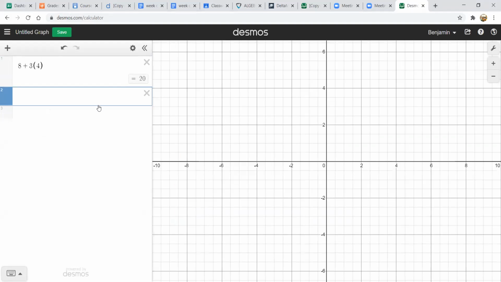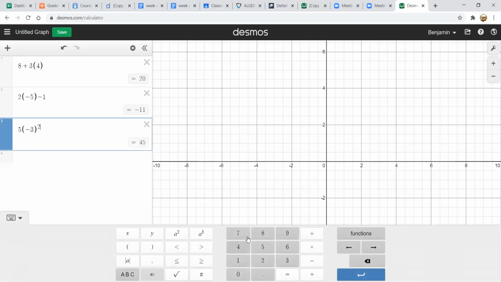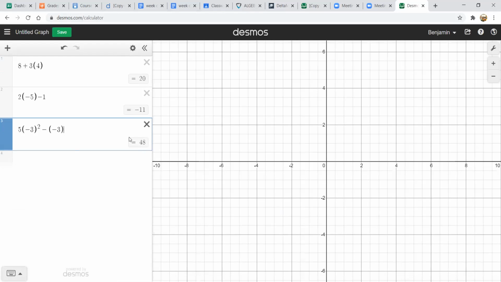The second one we just did, 2 parentheses negative 5 minus 1, negative 11. Then 5 parentheses negative 3 up to the second power. You can do shift and 6, like the caret button, or if you click this virtual keyboard, there's a square where you can do a custom power. Then just make sure you bring your cursor down, and then it would be minus parentheses negative 3, and you'd see that's 48. So if you don't have a nice calculator, this online Desmos calculator does the trick pretty good.